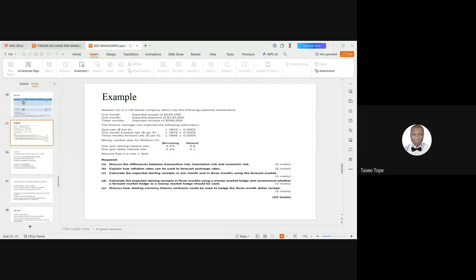I'll be expecting your solution. I'll revert back. I'll expect your solution before 10 so that I can assess what you've done and tell you that yes, you are fine. So please do well to solve that, and go over the first class on foreign exchange, the one we treated, so that you have a better understanding.